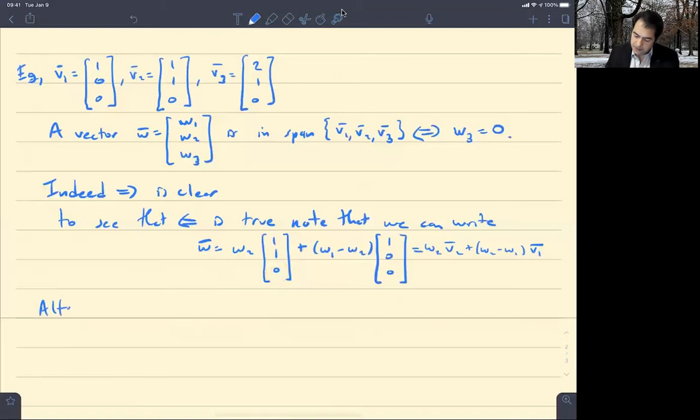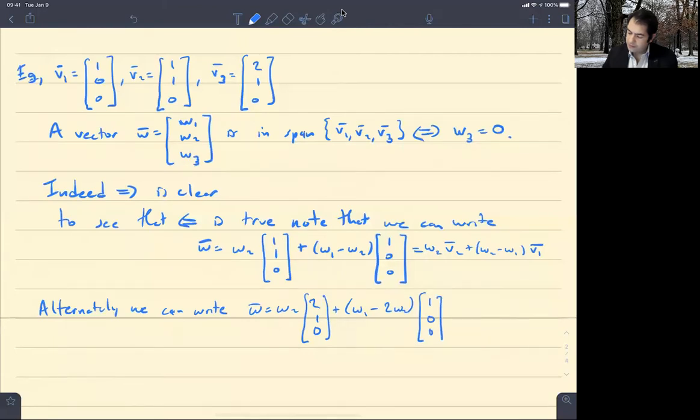So alternately, we can write w as w2 times (2, 1, 0) plus (w1 minus 2 w2) times (1, 0, 0). And so that's w2 times v3 plus (w1 minus 2 w2) v1.